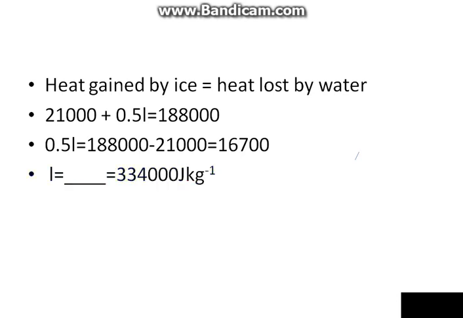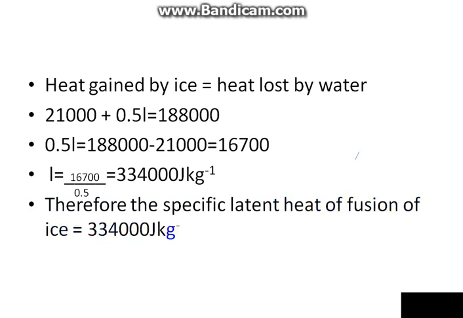Making L the subject of the formula, you have 16,700 over 0.5, which gives us 334,000 joule per kilogram. Therefore, the specific latent heat of fusion of ice is equals to 334,000 joule per kilogram.